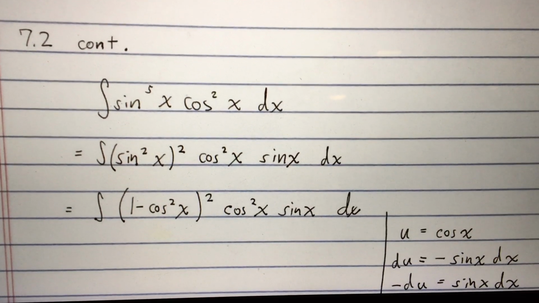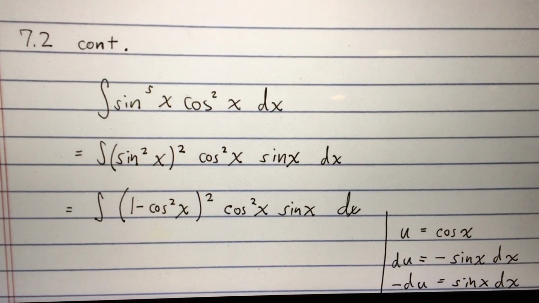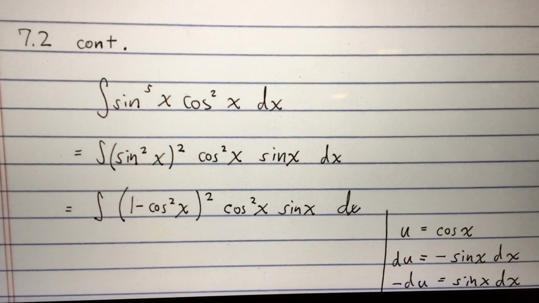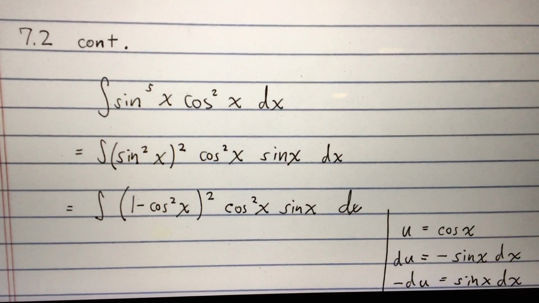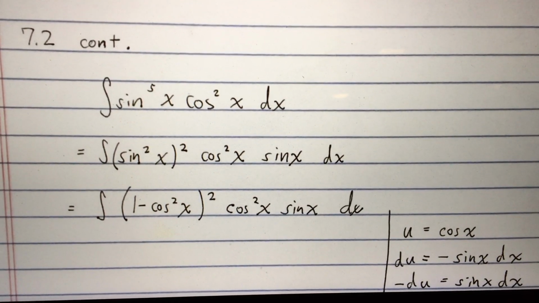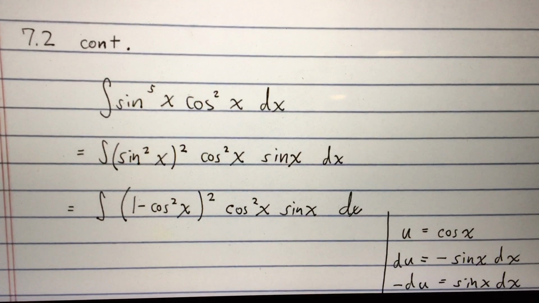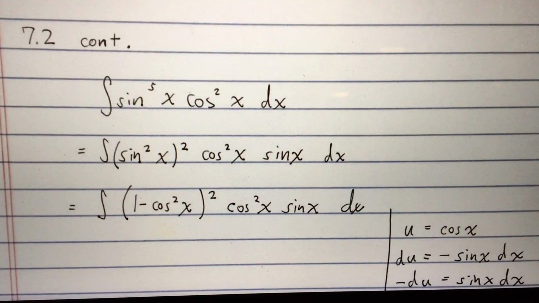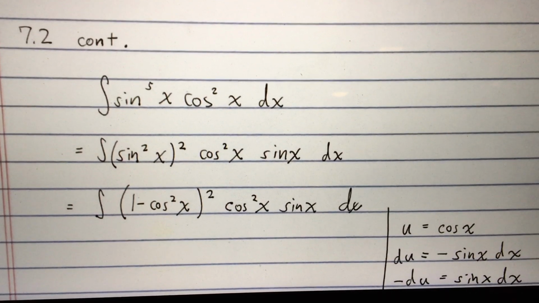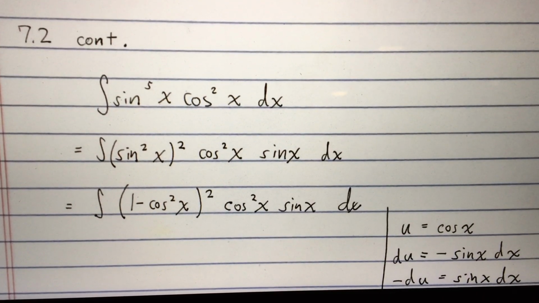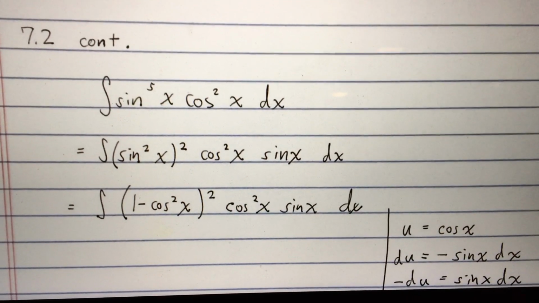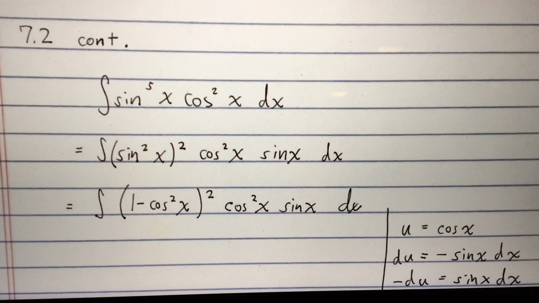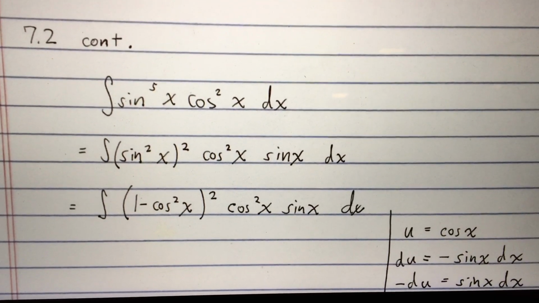So I see that sine to the 5 looks like sine squared of x, squared, because that's sine to the 4th, times another sine x. So I pulled out one of the sines. This works really nicely when you have an odd power of trig. So sine to the 5, I pulled out one of them, and then I made the sine to the 4 into sine squared, squared.